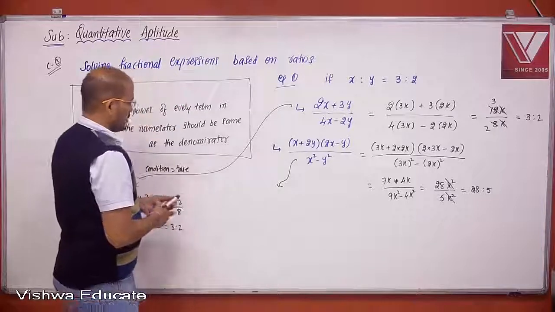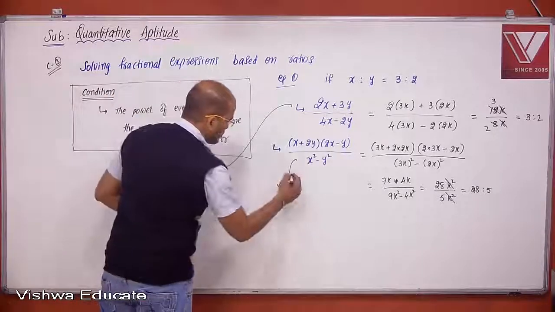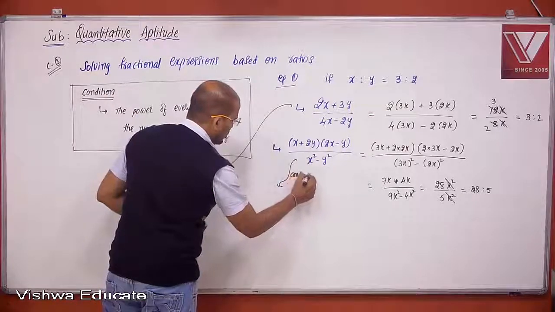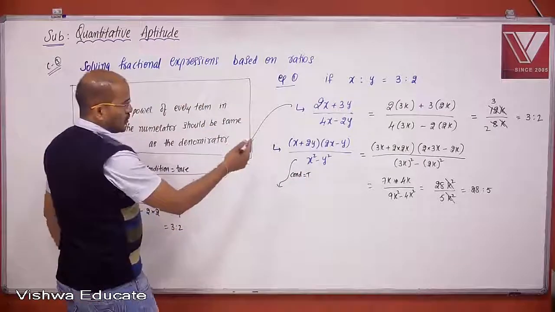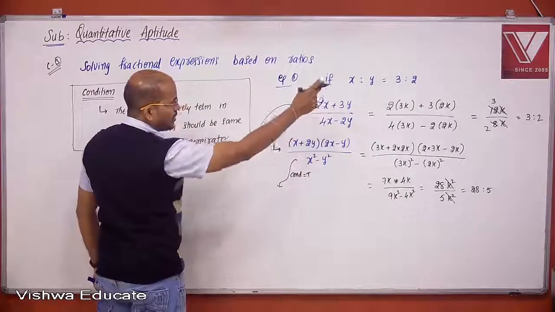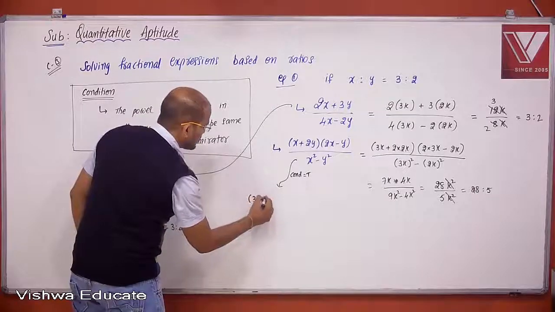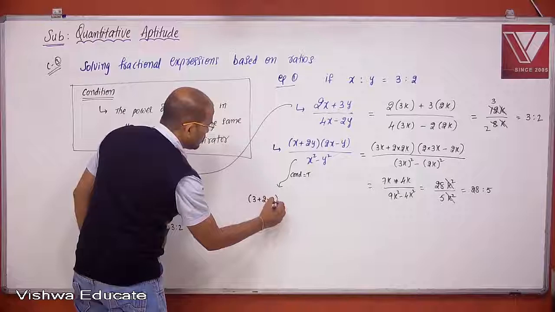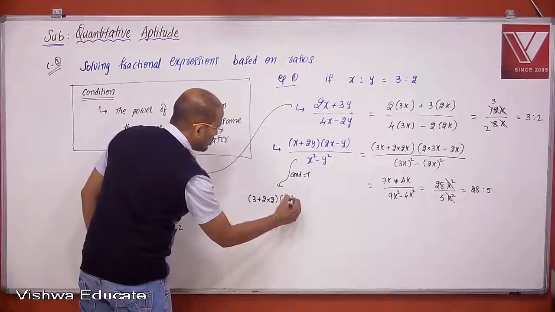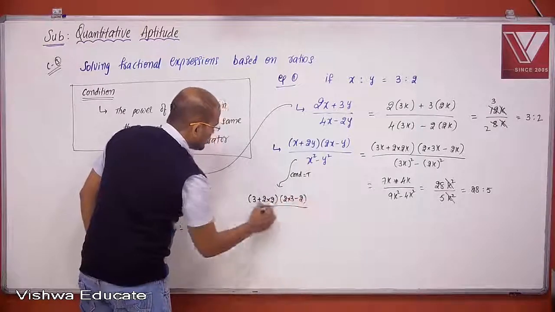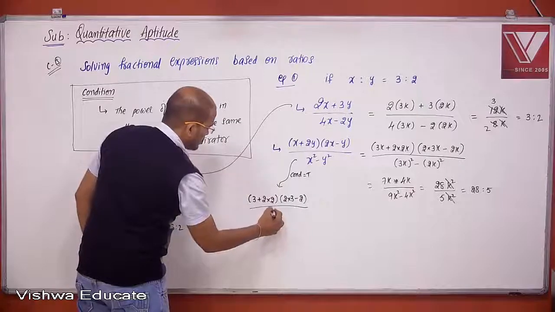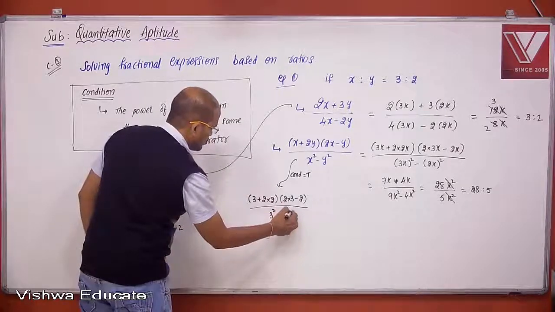So again the condition is true. Hence substitute x as 3 directly, y as 2 directly. So it becomes 3 plus 2 into 2, into 2 into 3 minus 2, by 3 square minus 2 square.